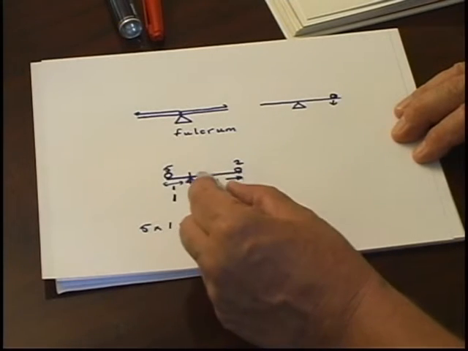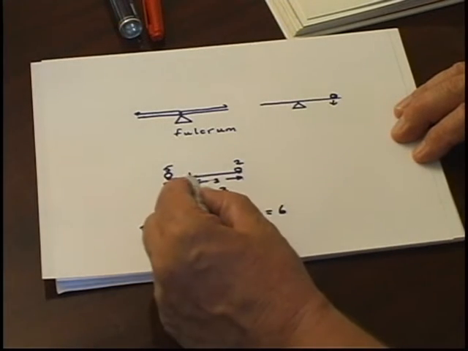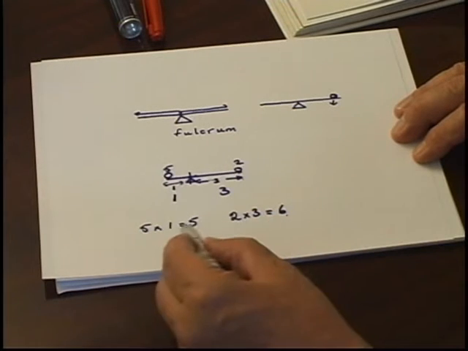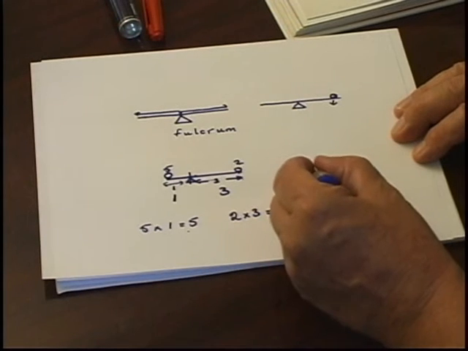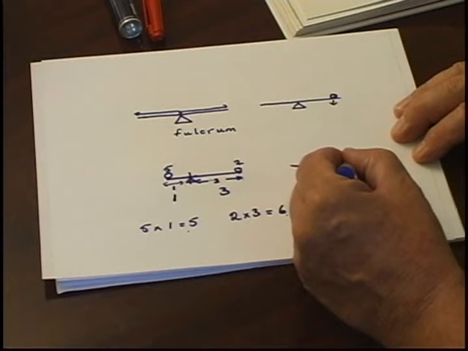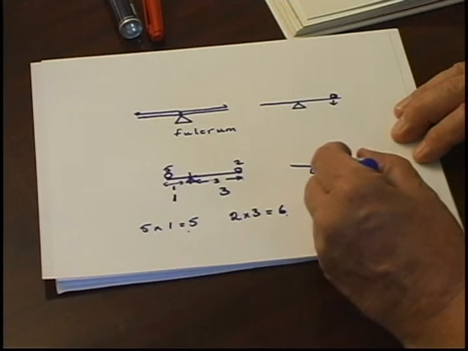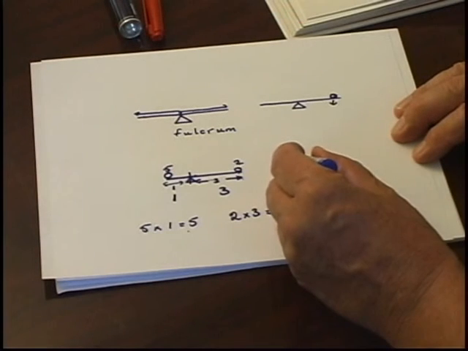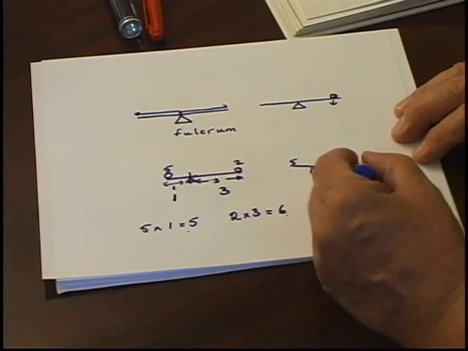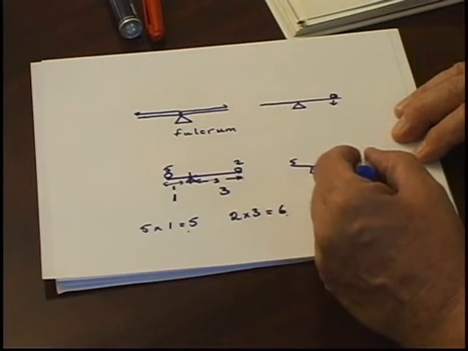So this is bigger than that. 6 is bigger than 5. And what happens? It goes down like that. So the 2 will lift the 5 because it's further away. So that's how a seesaw works.